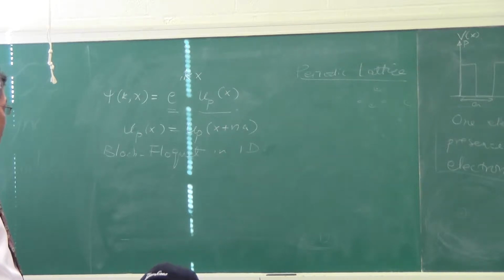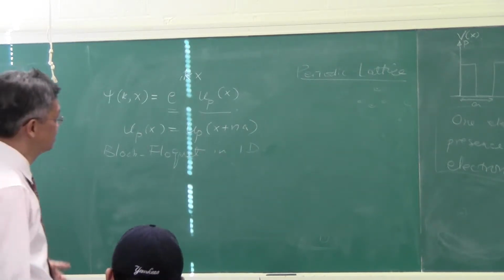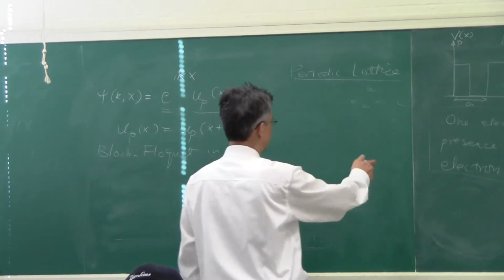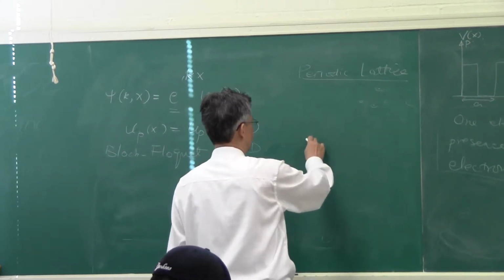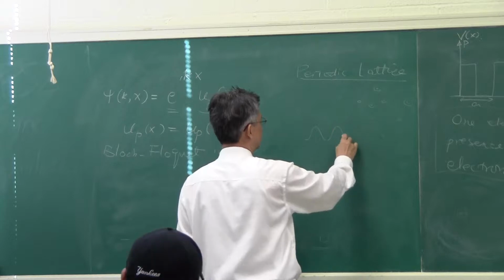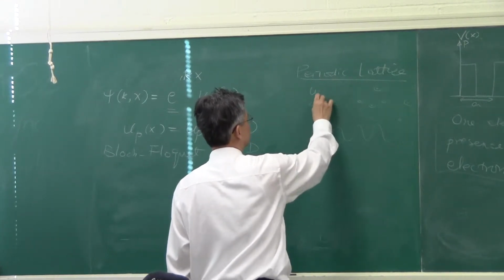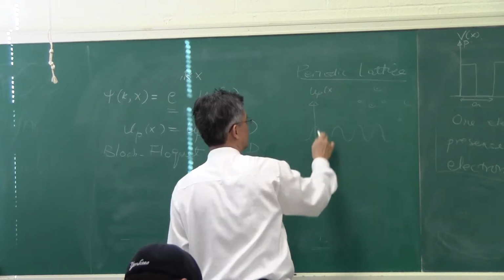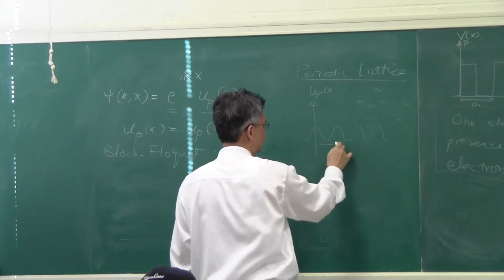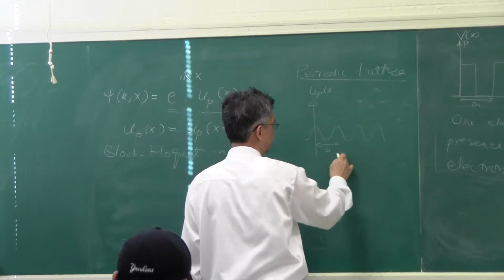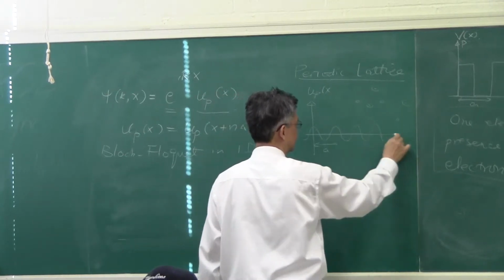And if you imagine this, the periodic lattice usually has very small dimension at the atomic level. So u_p might be functions that look periodic on the length scale of a.